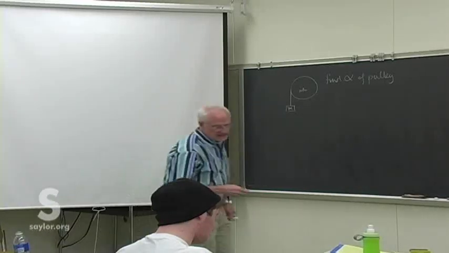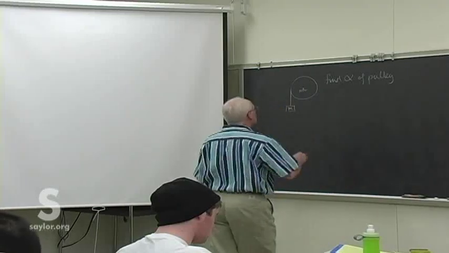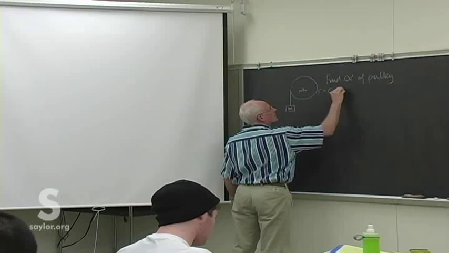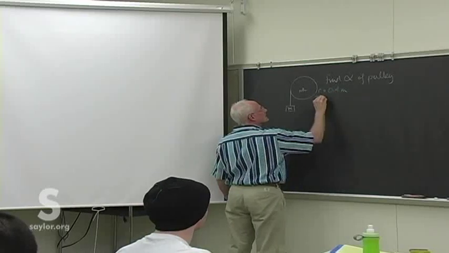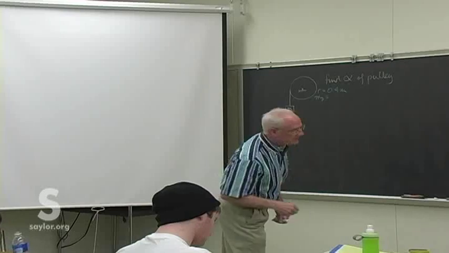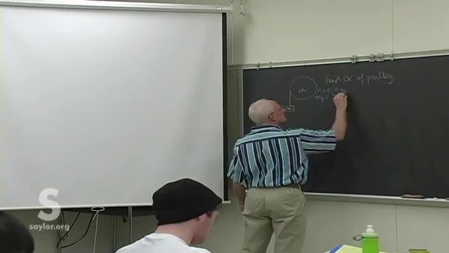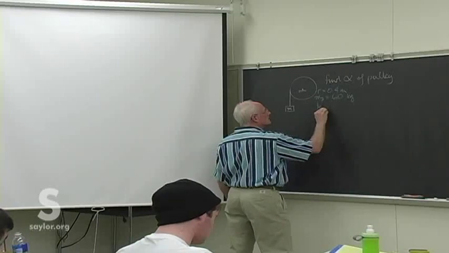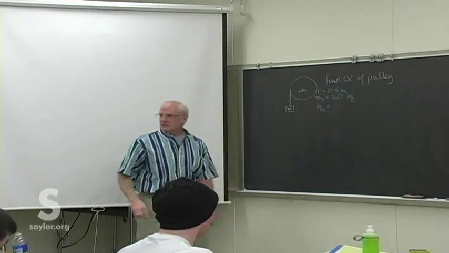All right. Some of the details. The radius of the pulley, 0.4 meters. The mass of the pulley, m sub p, we'll call it, 60 kilograms. And the radius of gyration.